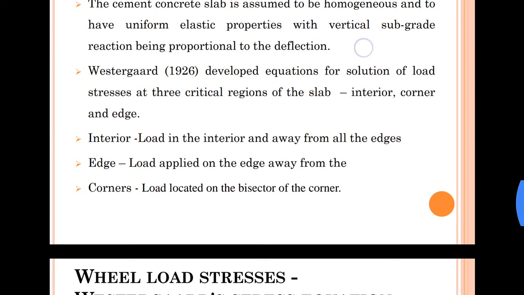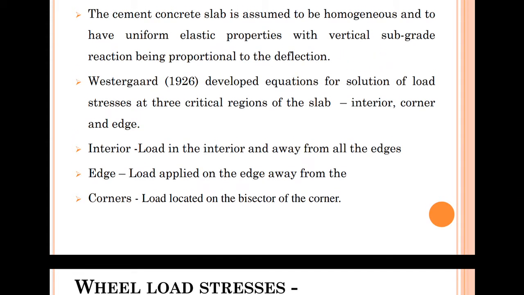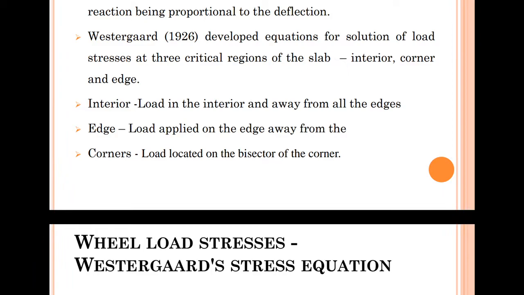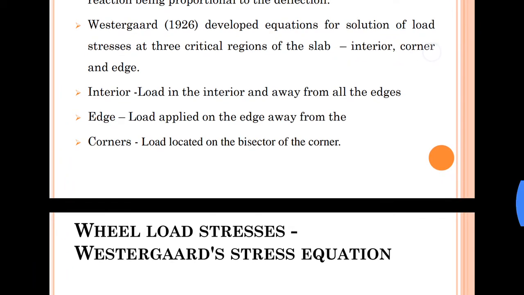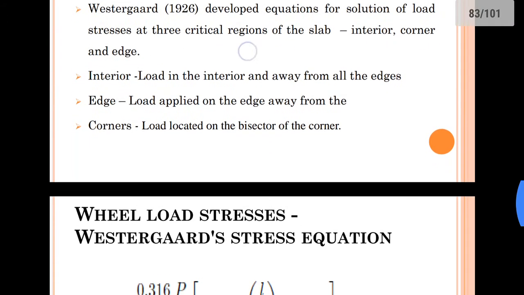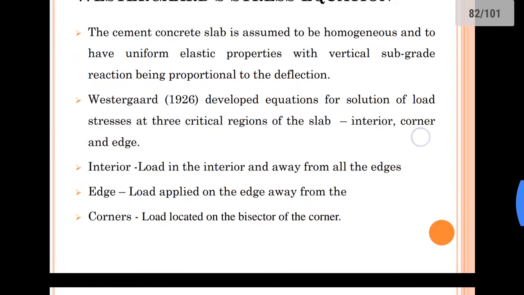This we've already understood. Westergaard developed equations for solution of load stresses at three critical regions of slab, that are interior, corner and edge. So there are different equations for each of these conditions.